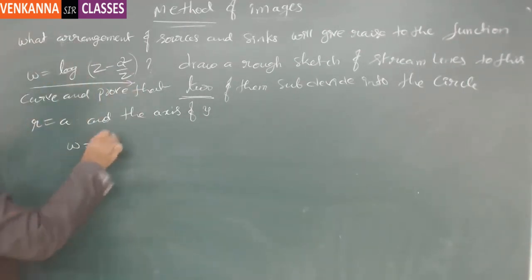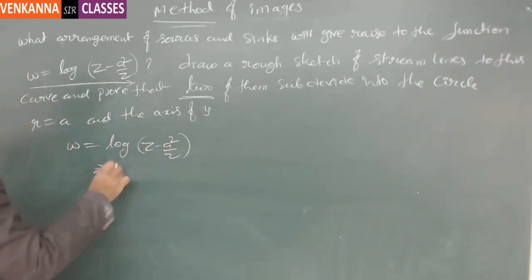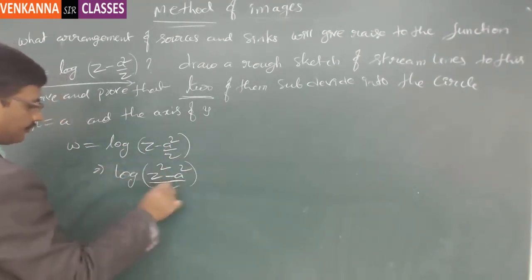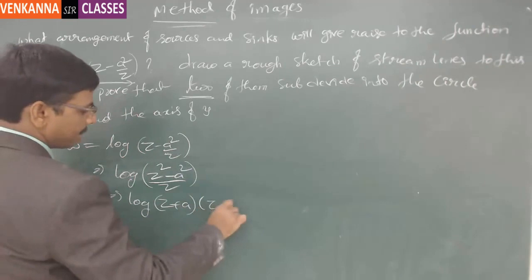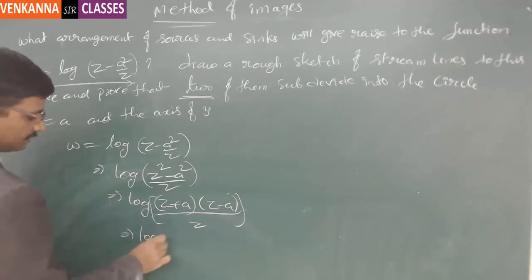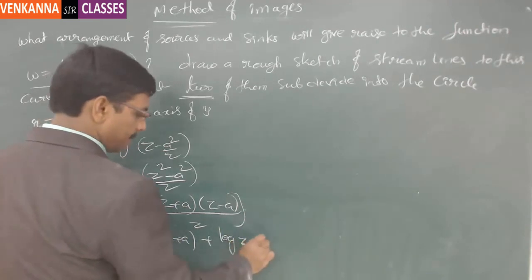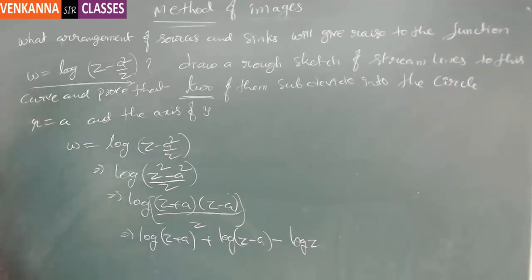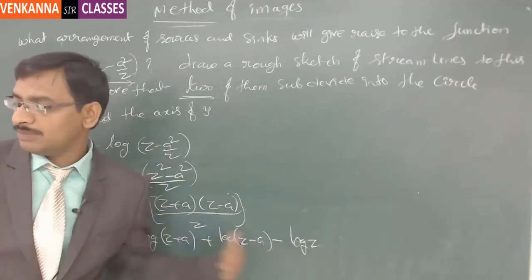See this, W is equal to log of Z minus a square by Z. Now this can be written as log of Z square minus a square divided by Z, and this is log of Z plus a into Z minus a divided by Z. So this can be written as log Z plus a plus log Z minus a minus log Z. See this, now this is like m log Z plus a, m log Z minus a and m log Z, where m is equal to 1.